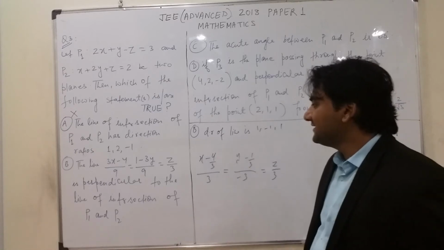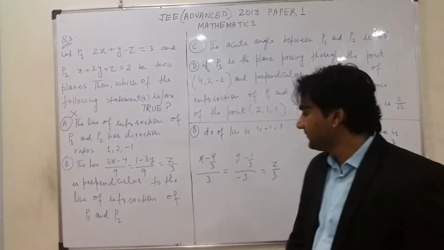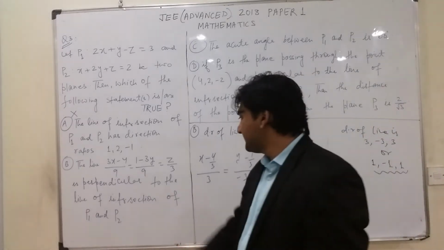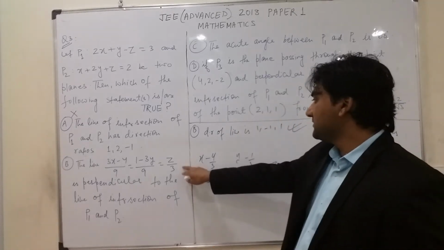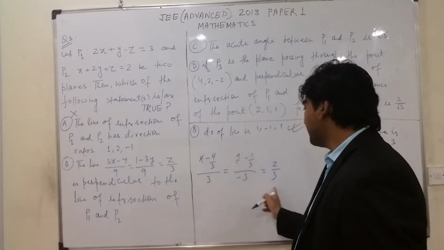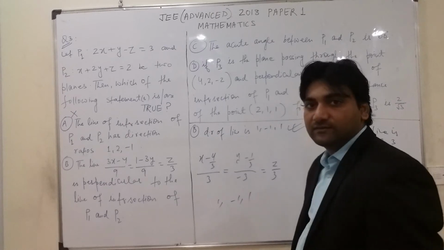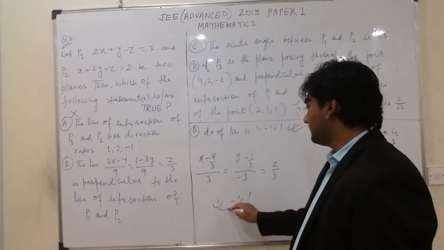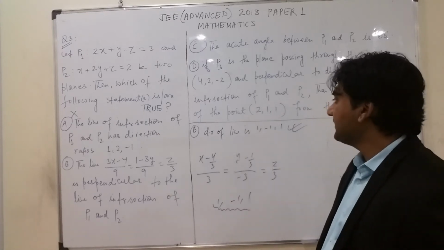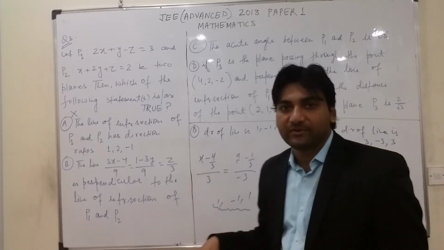Now the question is, this line is perpendicular to the line of intersection of the planes P1 and P2. So we have the direction ratio of this one, the P1 and P2 intersection, and second, we got the direction ratio from here, that is again 3, minus 3 and 3. So from here we will get 1, minus 1 and 1. If we multiply these two and get 0, then we say these two are perpendicular.